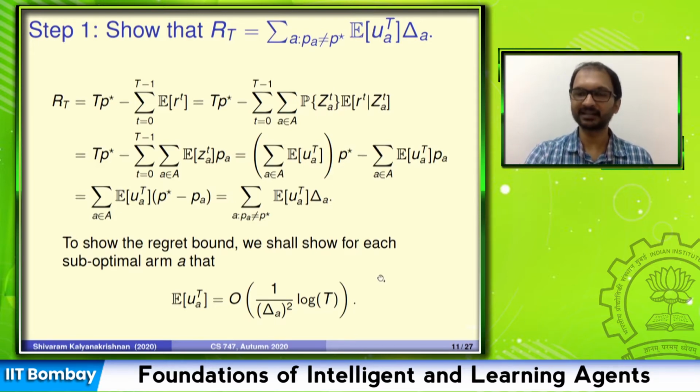So if this multiplies Delta_A and you sum it up, the regret is going to be the sum over 1 over Delta_A log T, and that was the bound we were looking for. So going forward, our focus is to show that the expected value of U_tA for arm A is order of 1 over Delta_A squared log T.